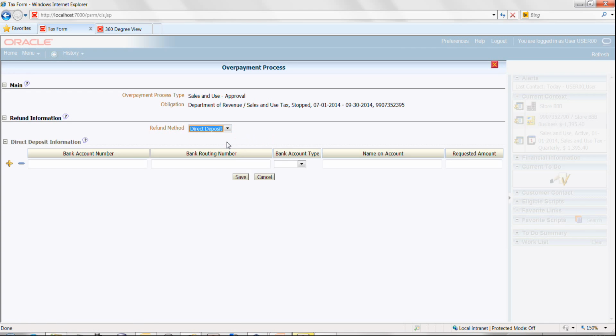And here it asks me for bank details. The bank details could actually come directly from my account, but I'm going to write in the details here.